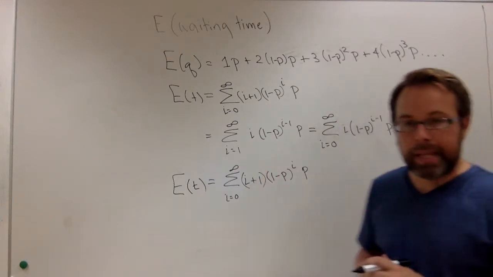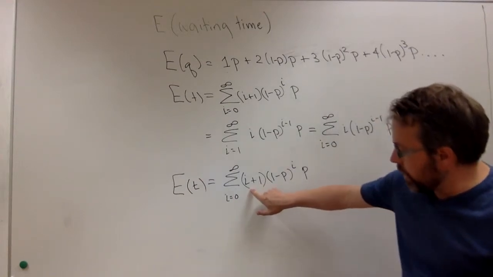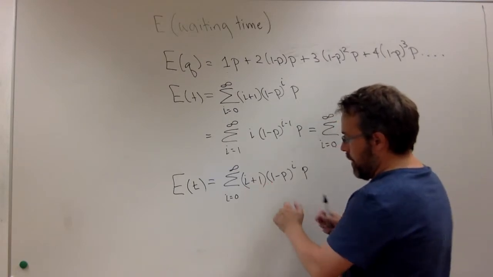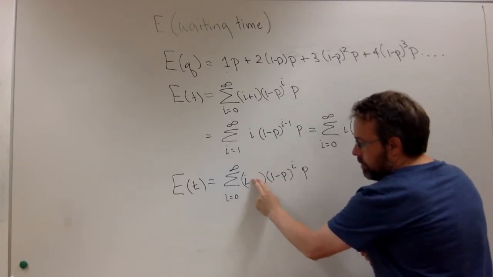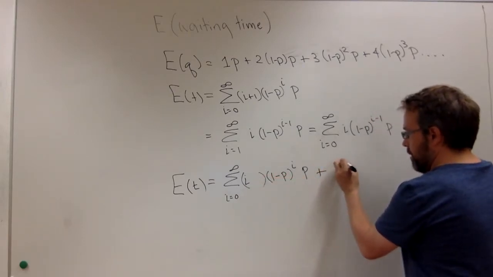So now we're just going to rearrange this a little bit. The first thing we're going to do is split this one in half. We're going to take this 1 out and put it over here by itself.